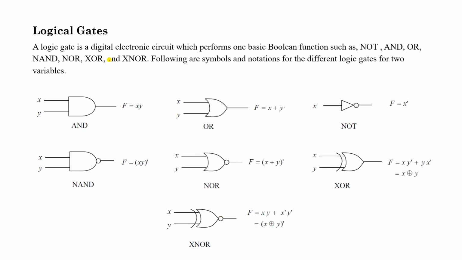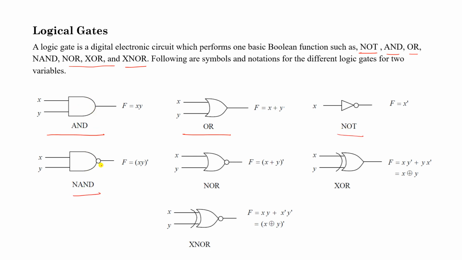Now logical gates. A logical gate is a digital electronic circuit which performs one basic Boolean function such as NOT, AND, OR, NAND, NOR, XOR, XNOR. So these are the symbols and notations. This is for AND, this is for OR, this is for NOT. NAND means NOT of AND.